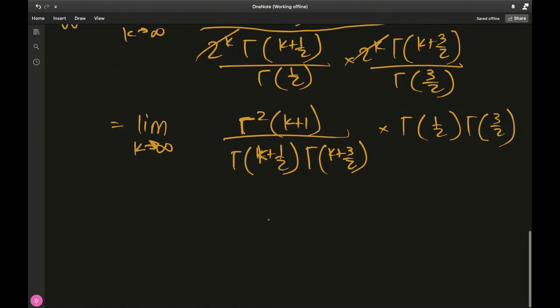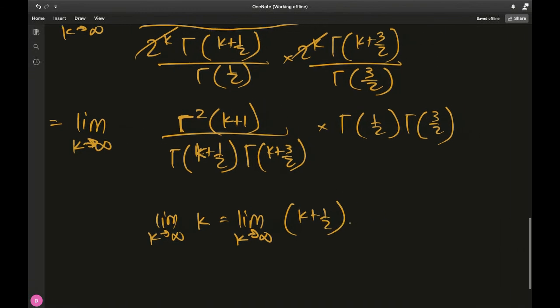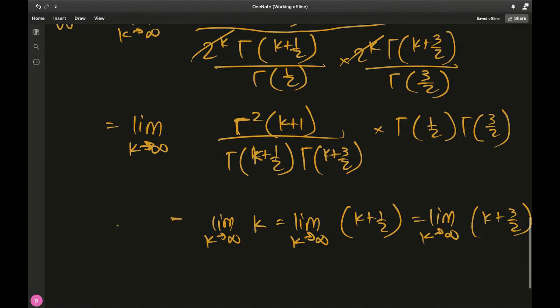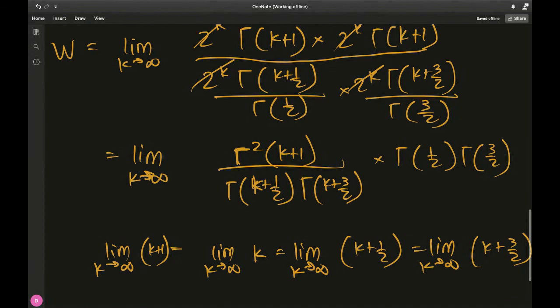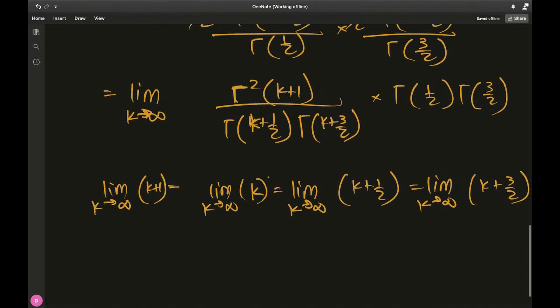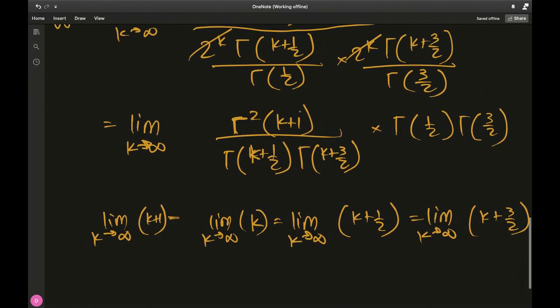So what I'm trying to say is, the limit as k goes to infinity of k is still equal to the limit of k plus half, which is equal to the limit of k plus 3 by 2, which is also equal to the limit of k plus 1. Because of all these equivalences in the limit, this ratio will just cancel out to 1.